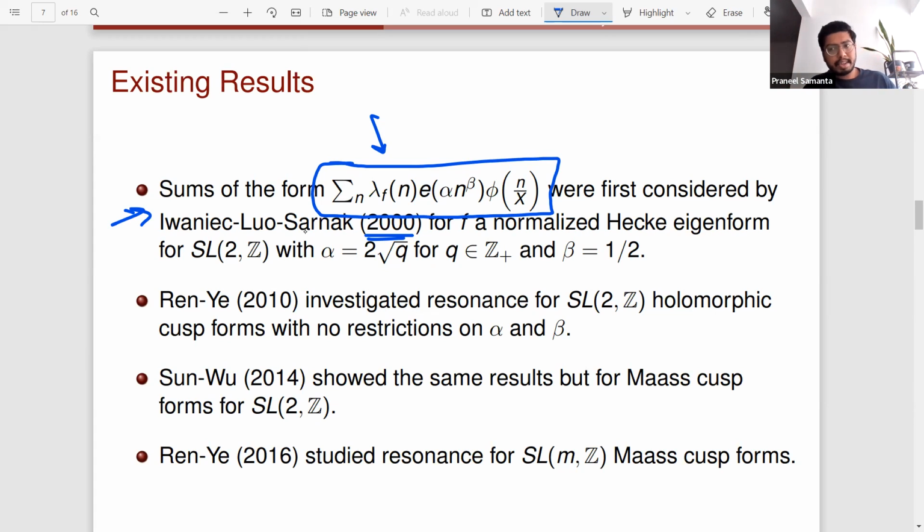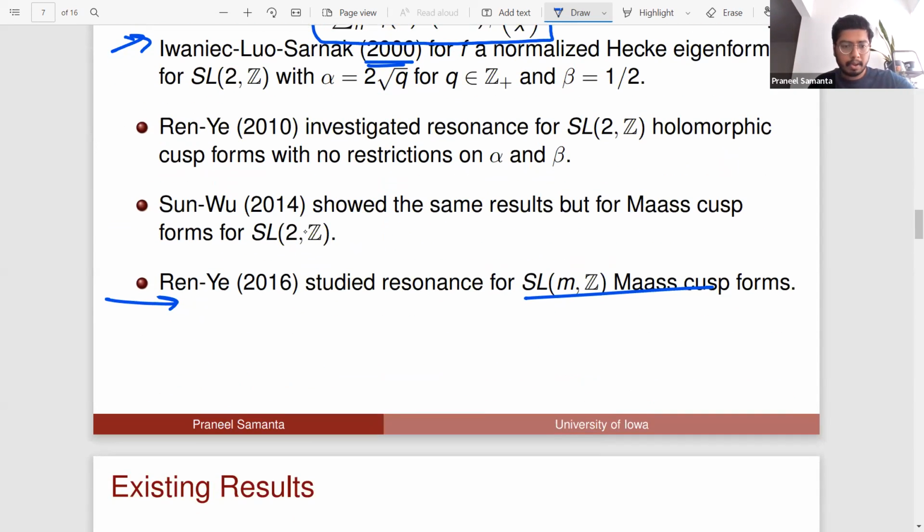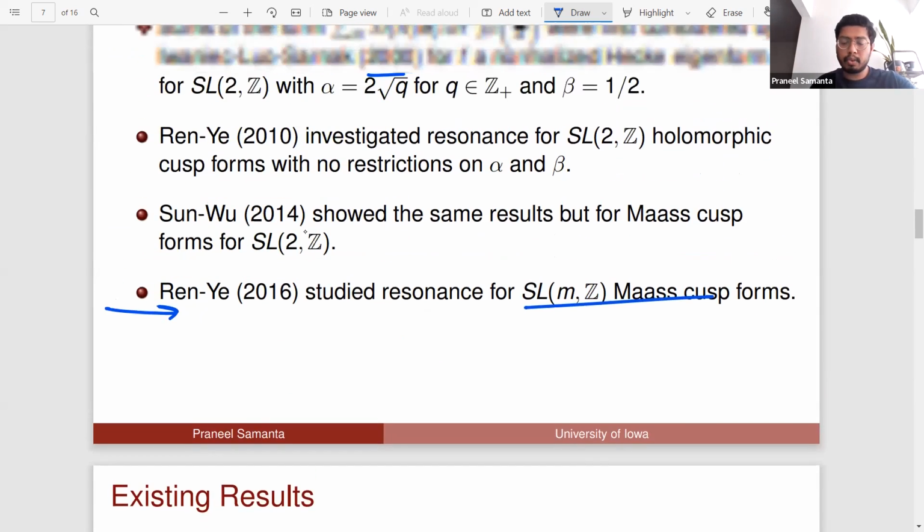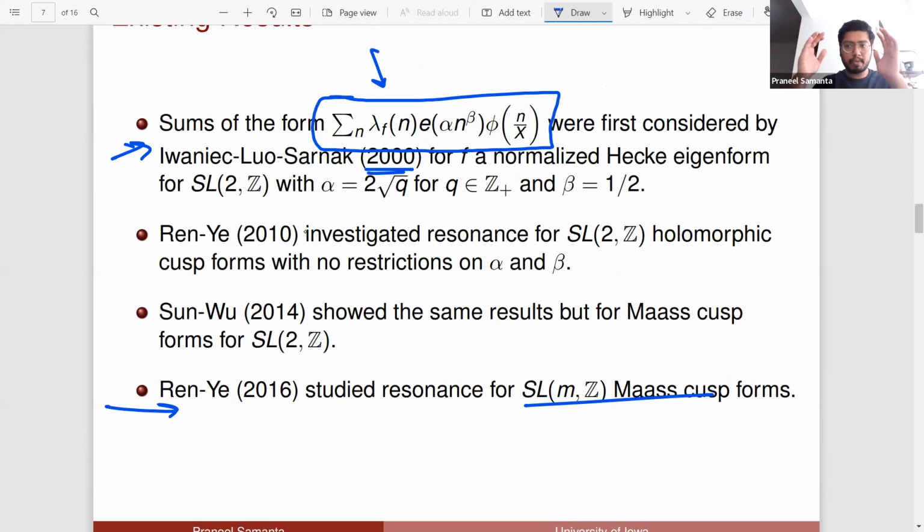Ren in 2014 actually did this for Maass cusp forms as well for SL2(Z), which I haven't written over here. But it is very important that the SL3(Z) cusp forms have been studied in 2016 by Ren and Nguyen. Now, so far, you have been seeing just one form, one function being used, just one lambda.